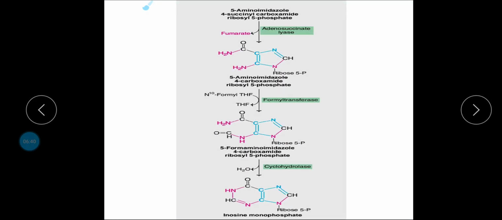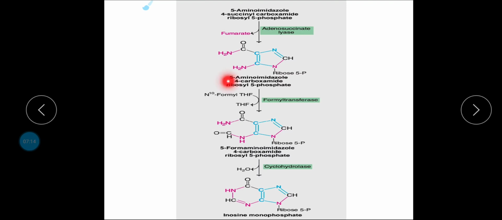In the next step, this 5-aminoimidazole 4-succinyl carboxamide ribosyl 5-phosphate loses fumarate with the help of enzyme adenosuccinate lyase and produces 5-aminoimidazole 4-carboxamide ribosyl 5-phosphate. Here you can see only CONH2 is remaining and the rest of the carbon chain is removed in the form of fumarate.